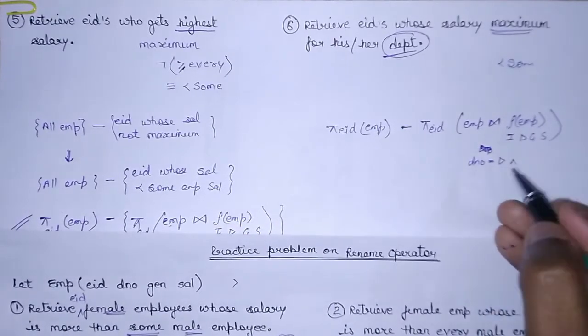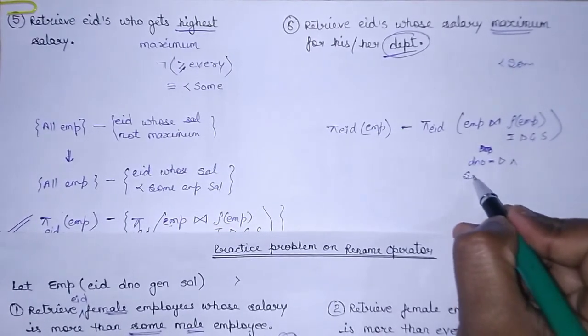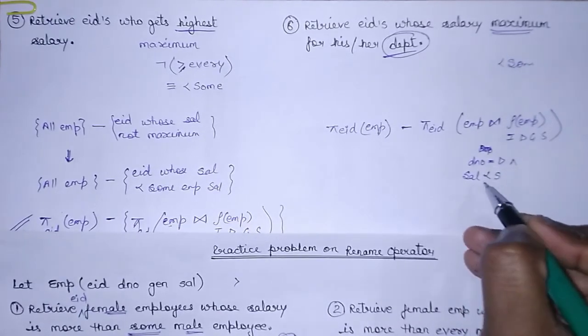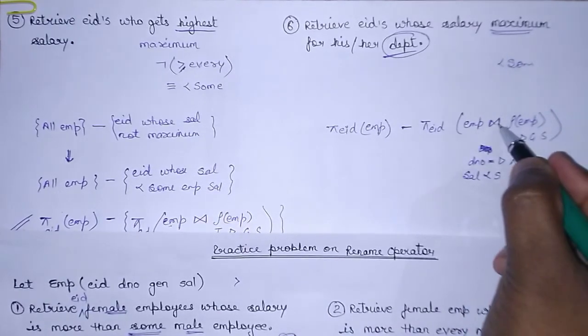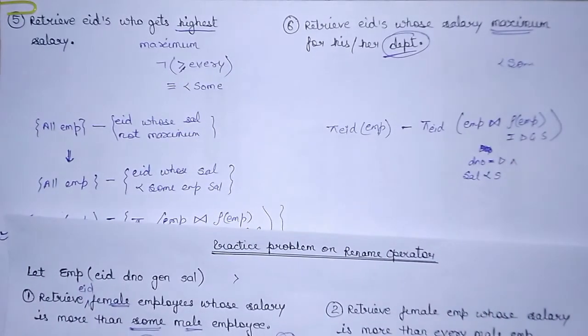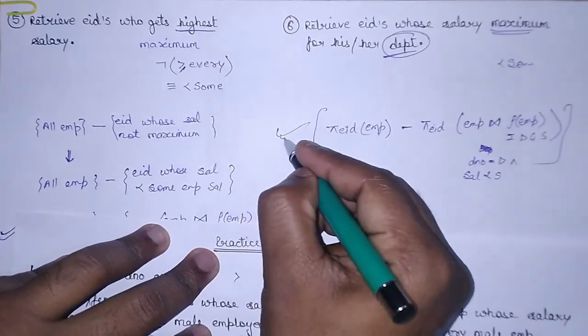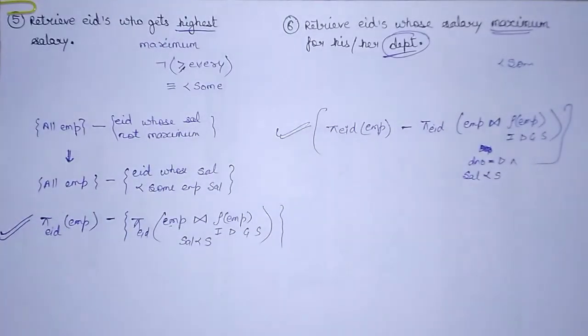And the other condition should be that the salary is less than S. So these are the two conditions that have to be written in the subscript of this join operation. So this way we can find out the query for a particular statement without formulating an example. So I just hope that you got an idea how you can directly answer the queries of the statement without formulating an example.